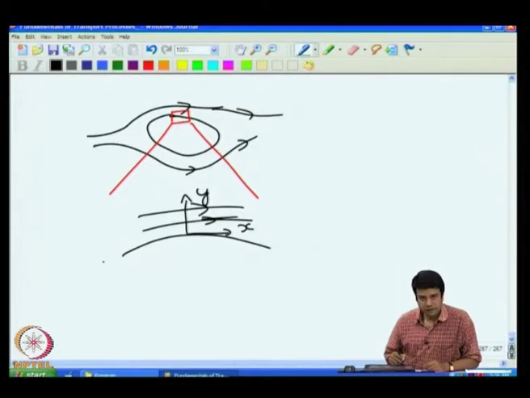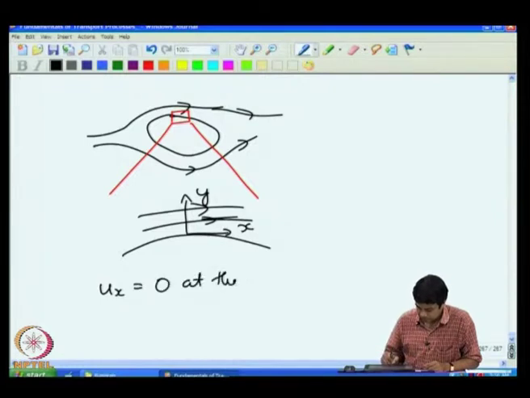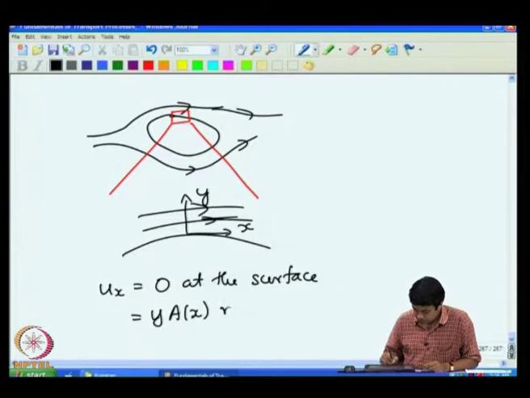The velocity field ux is equal to 0 at the surface. Therefore, this has got to be equal to y times some function of x near the surface.